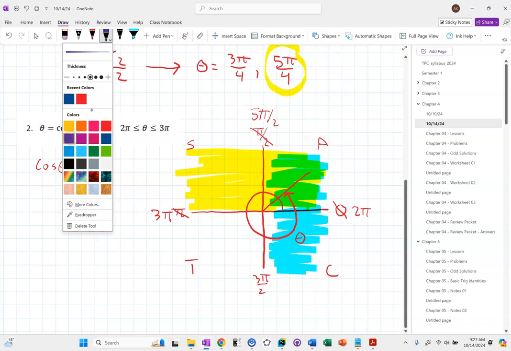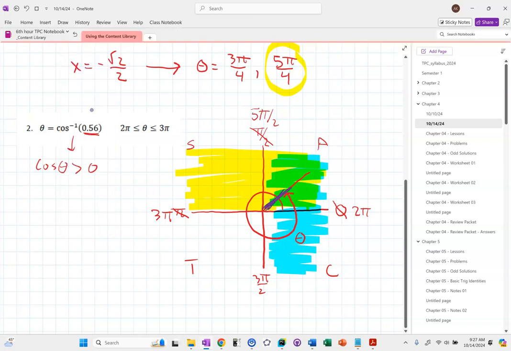Now we'll draw in our alpha. Alpha is always made between the terminal side and the x-axis. So there's my alpha.